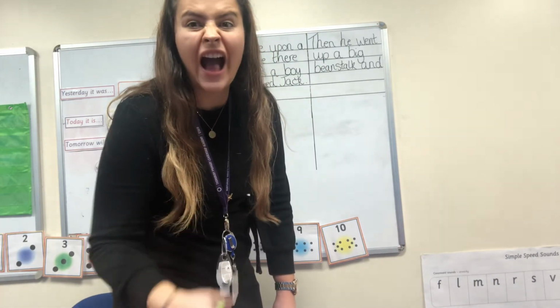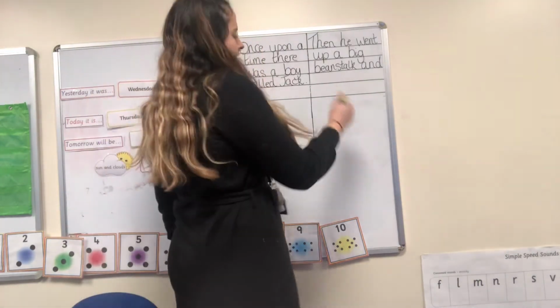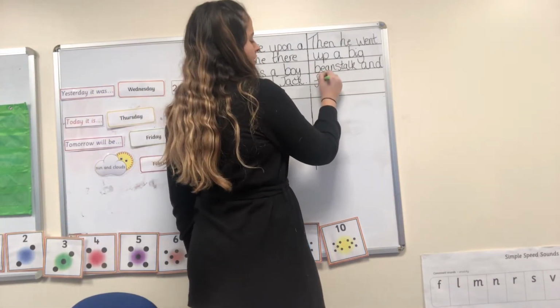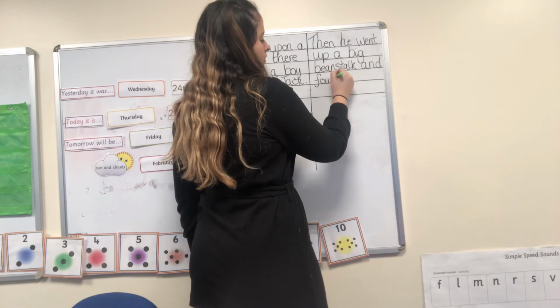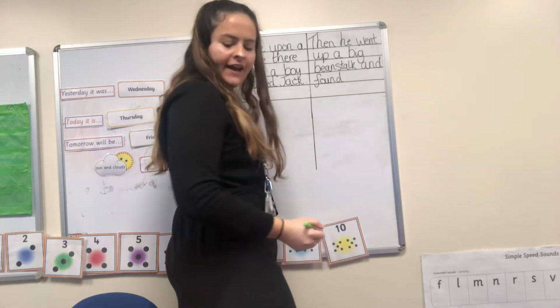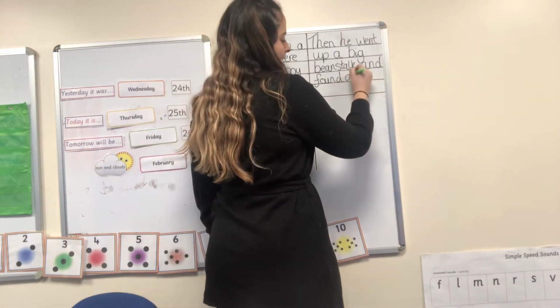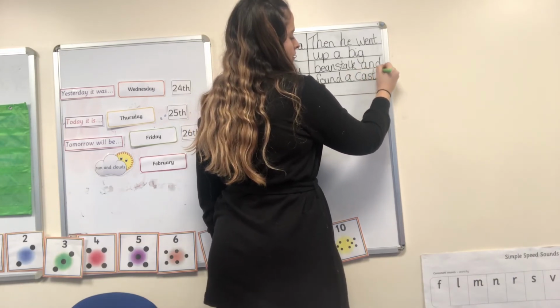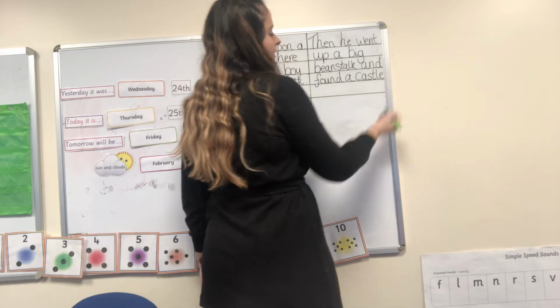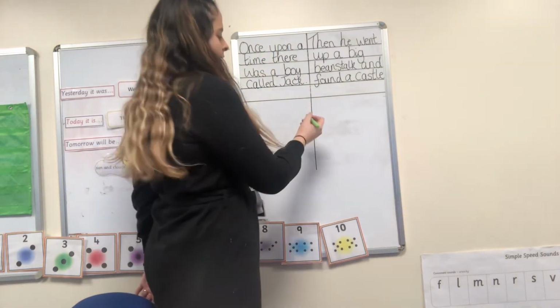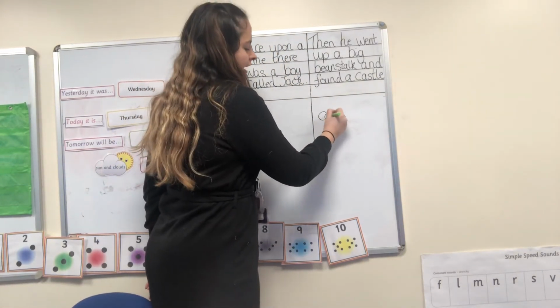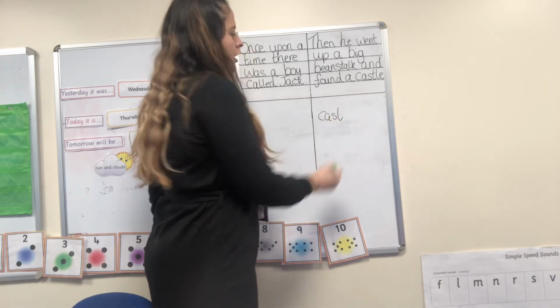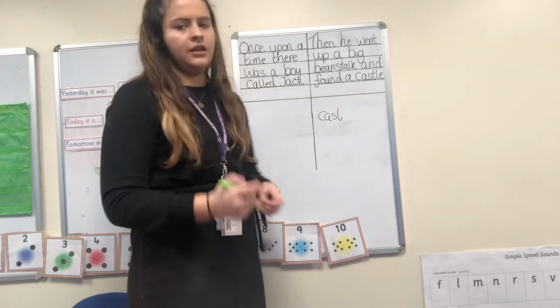Use your ow sound in found. And found a castle. So I've given you a full stop on the end, I've given you the spelling, but remember how we did the other day when we had k-a-s-l, k-a-s-l. That's really good when you use your sounds, okay?